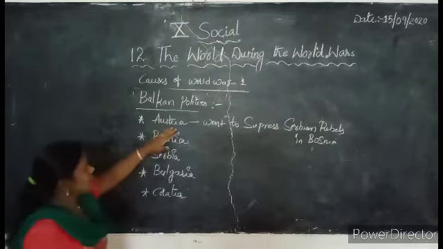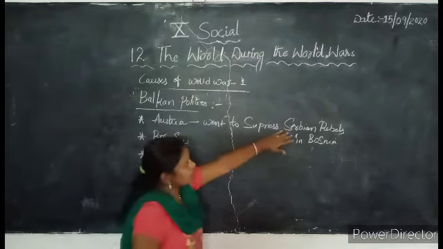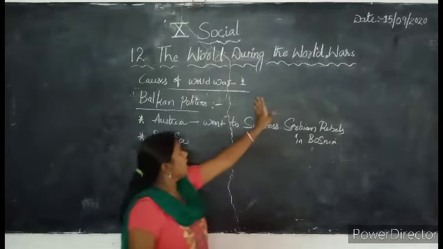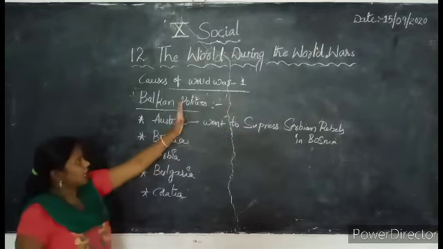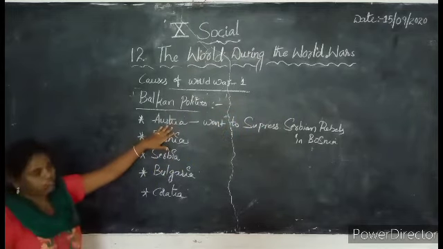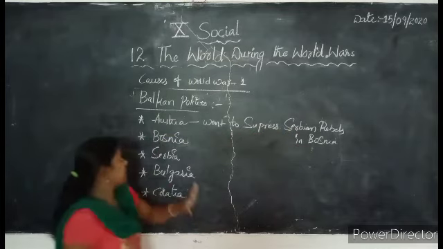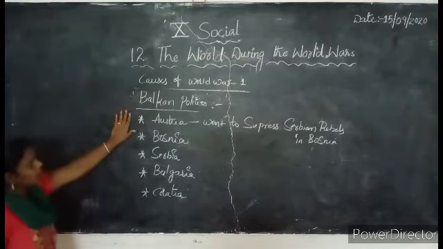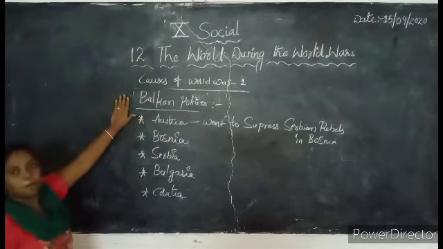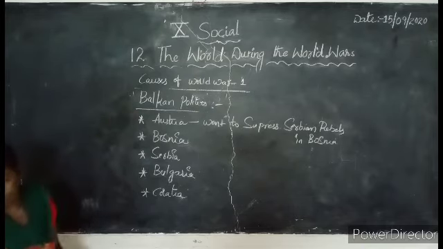So Austria wants to suppress the Serbian rebels, meaning they started fighting against Austria. So Austria wants to suppress the Serbian rebels in Bosnia. So this is about the Balkan politics.